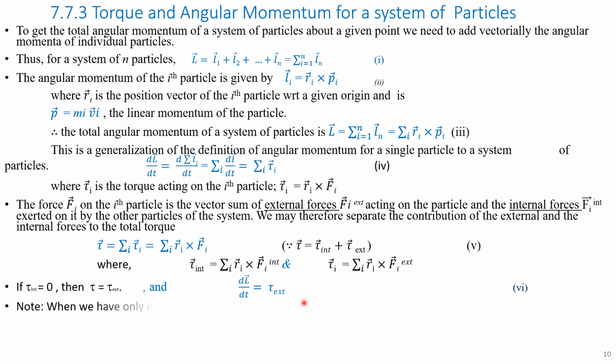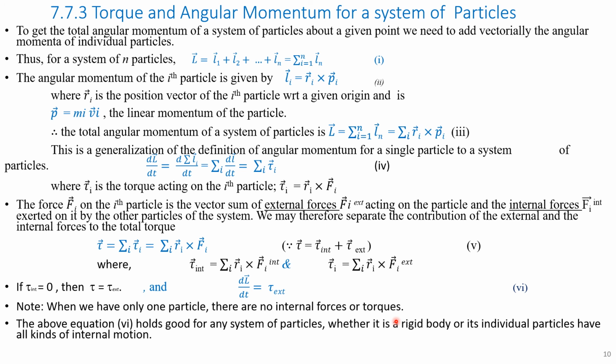Let it be equation 6. Note, when we have only one particle, there are no internal forces or torques. Therefore, tau internal will be equal to 0. The above equation 6 holds good for any system of particles, whether it is a rigid body or its individual particles have all kinds of internal motion.